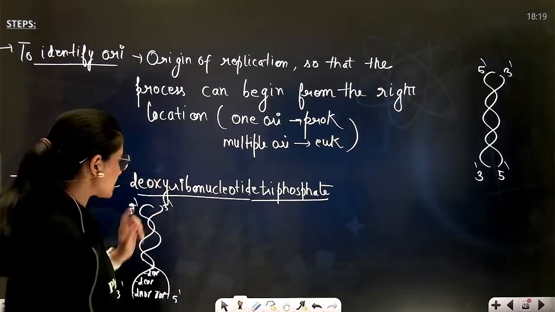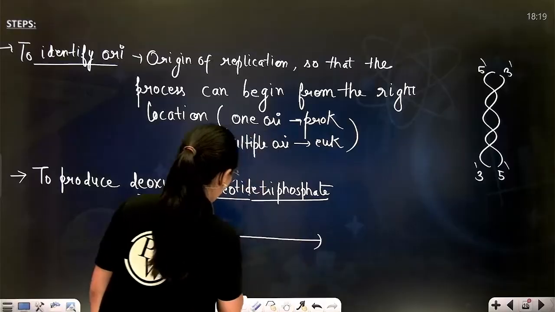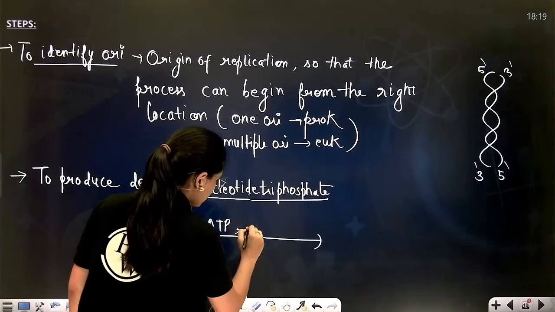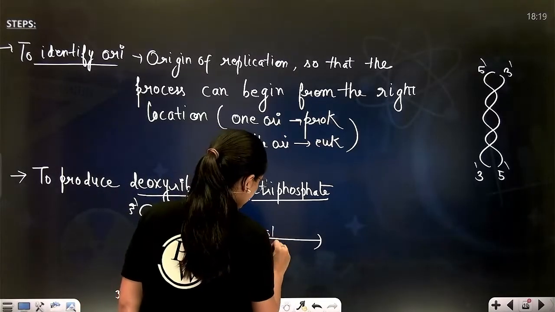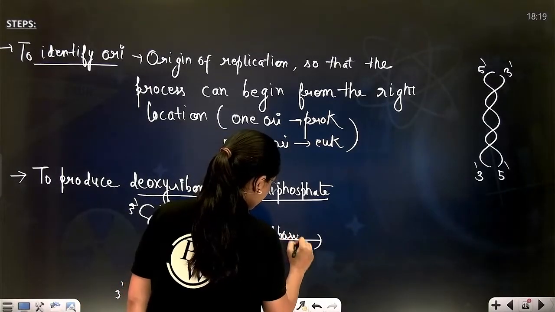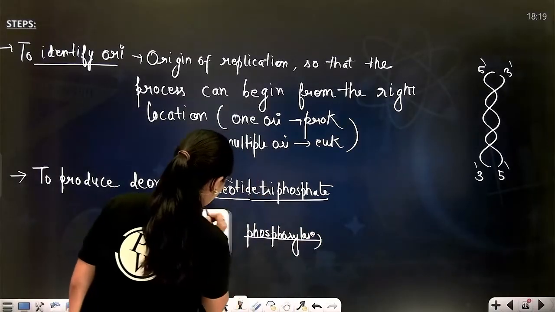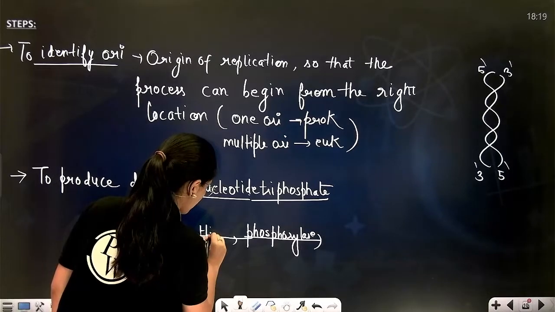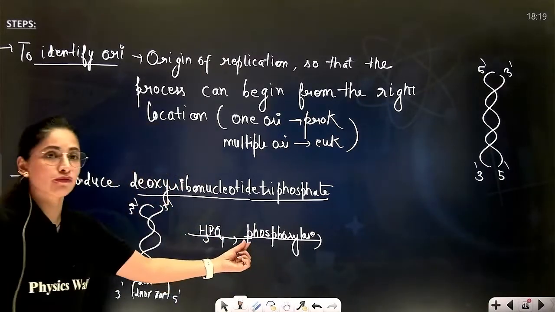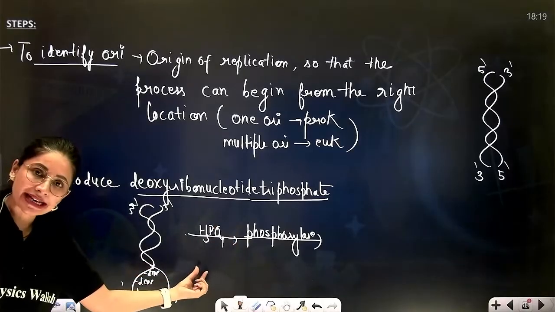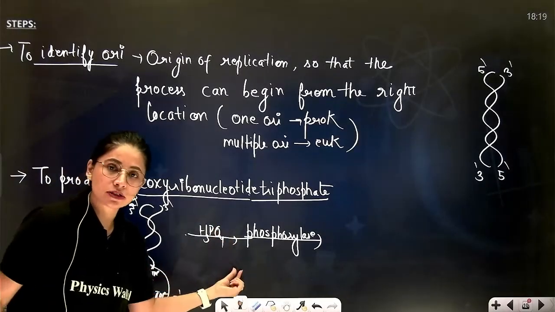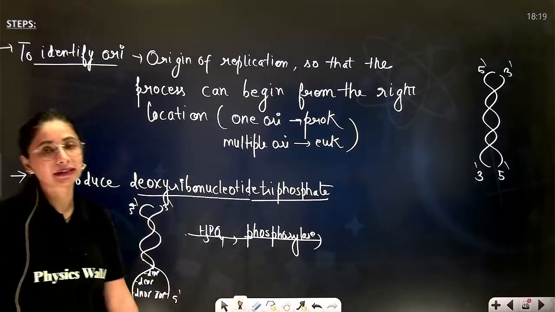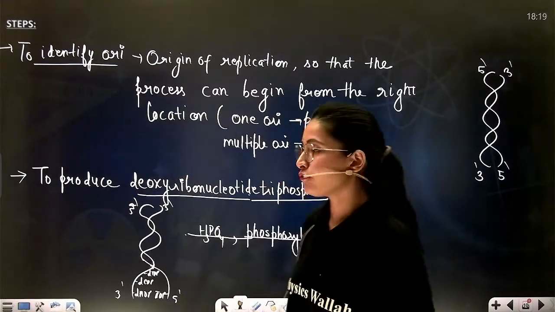So the first step is, with the help of energy and in the presence of the enzyme phosphorylase, not in the form of ATP, but phosphoric acid, phosphoric acid is used to donate its phosphate to all the deoxyribonucleotide diphosphates so that they can be converted into their triphosphate states.